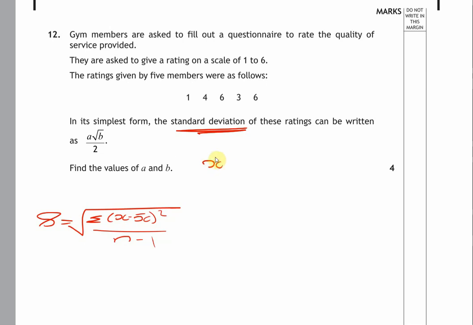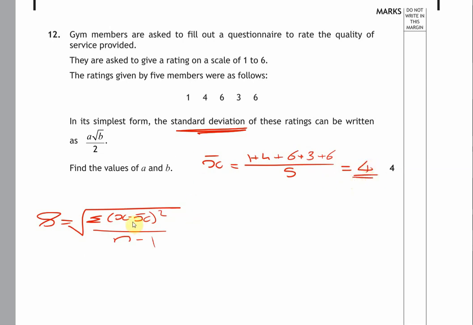Now the first thing here is that x bar is the mean value. So we can find x bar by adding up all the values and then dividing by how many values we have. So we'll have 1 plus 4 plus 6 plus 3 plus 6, all divided by 1, 2, 3, 4, 5. So 6 plus 4 is 10, 6 plus 3 is 9, plus 1 is 10, so that's 20 divided by 5, so that will give us an average value of 4.